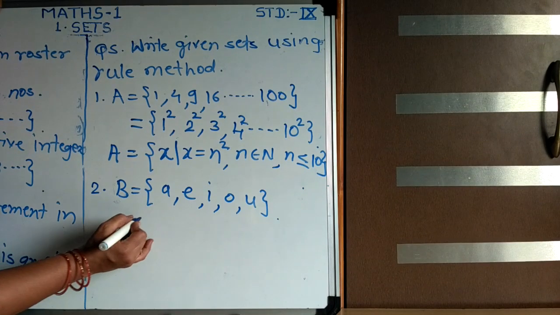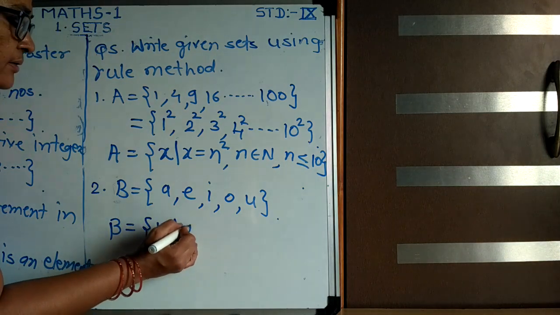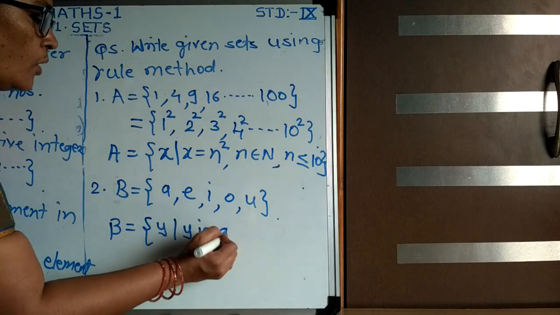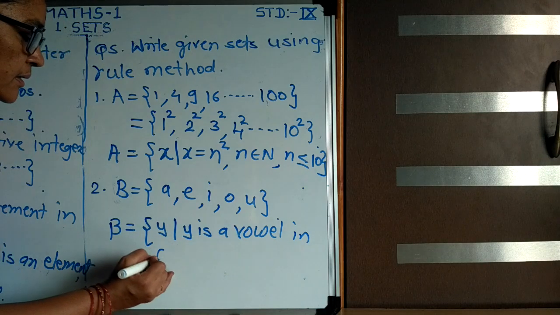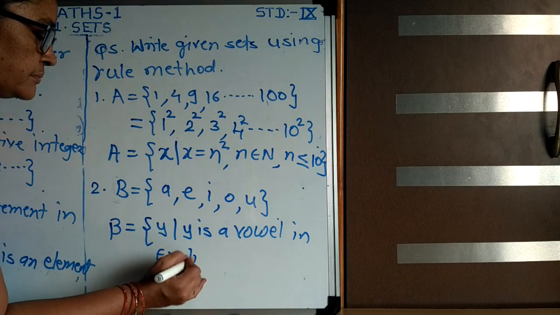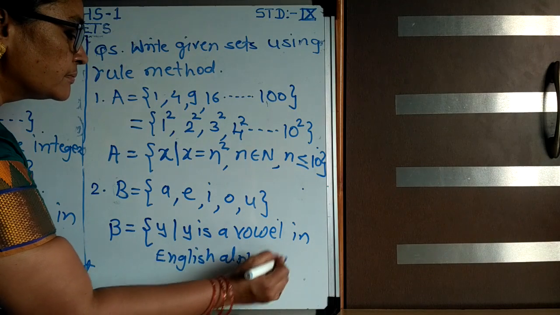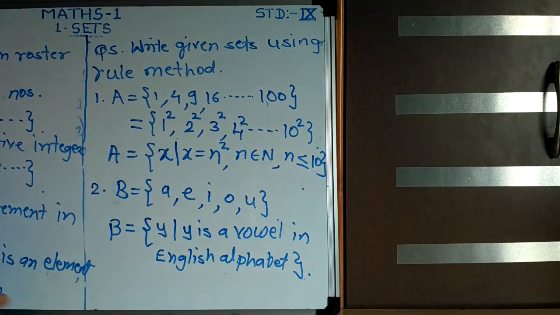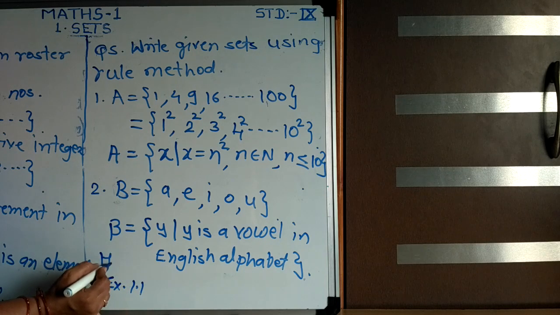Hence, by rule method, it is written as, in curly brackets, y such that y is a vowel in the English alphabet. Now, solve the remaining examples in exercise 1.1. So, homework.